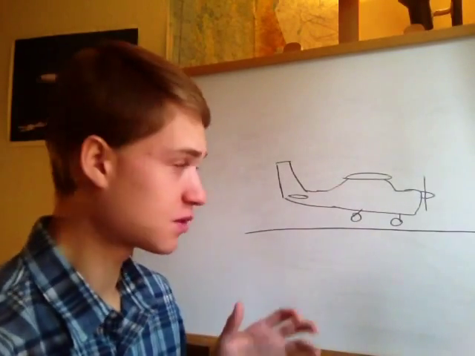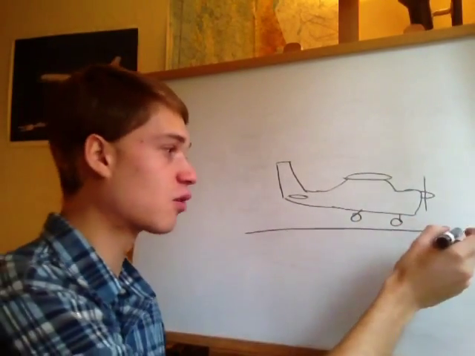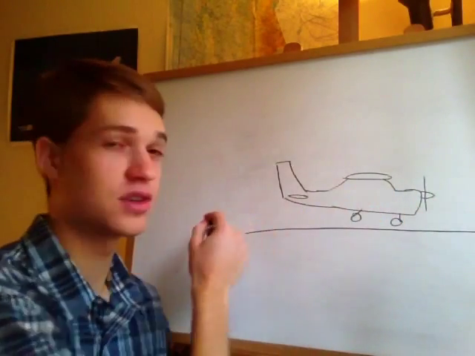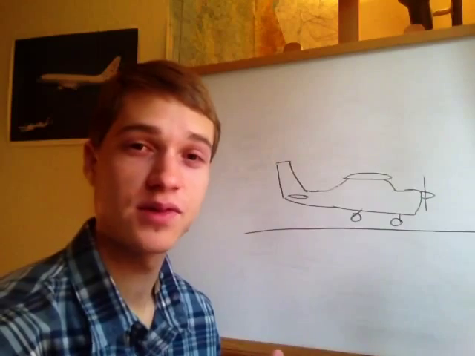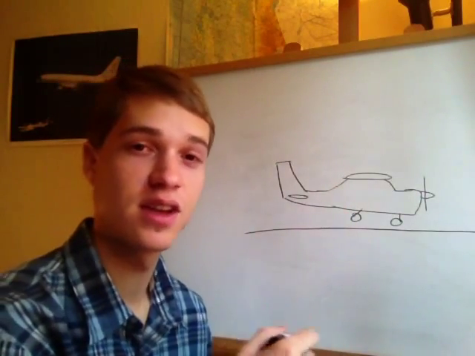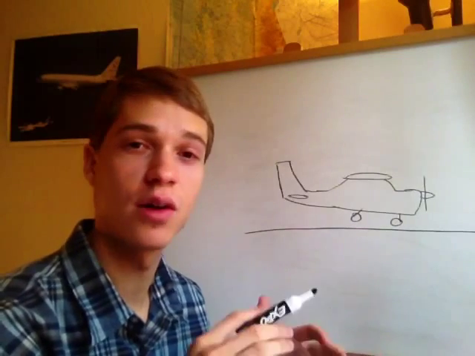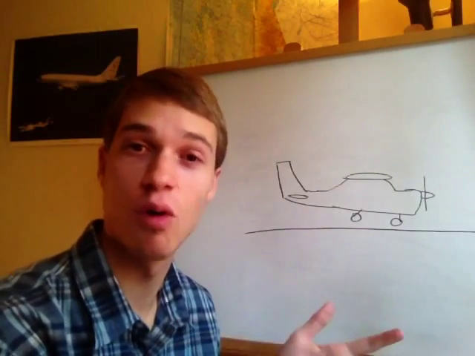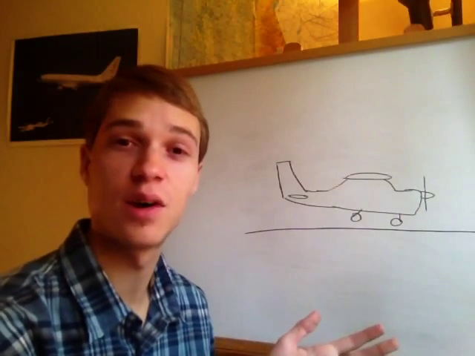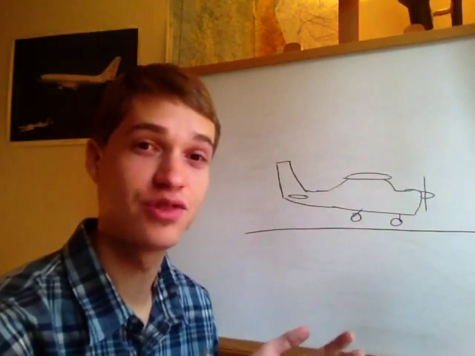As the airplane comes close to the ground, the ground's surface actually interferes with the airflow pattern that has been established over the wing. And so what happens is you get less upwash, you get less downwash, you get less strong wingtip vortices. Those aren't able to be produced as well. And you know what else you get less of? You get less drag.